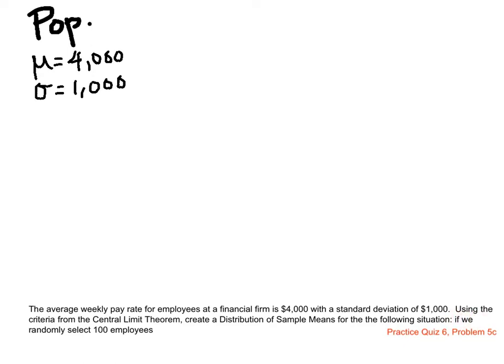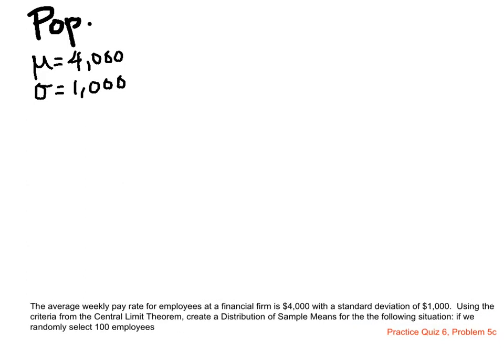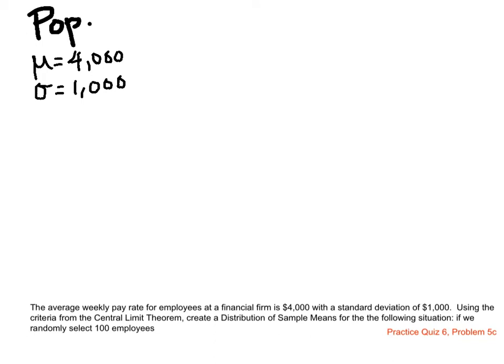And then continuing here, using the criteria from the central limit theorem, create a distribution of sample means for the following situation if we randomly selected 100 employees. So we want to know what a distribution would look like if we had n equals 100 employees.